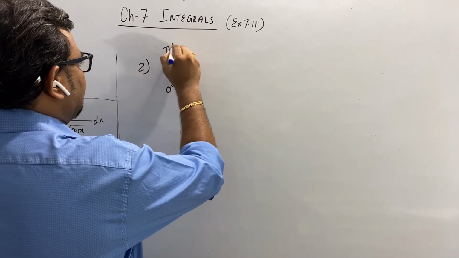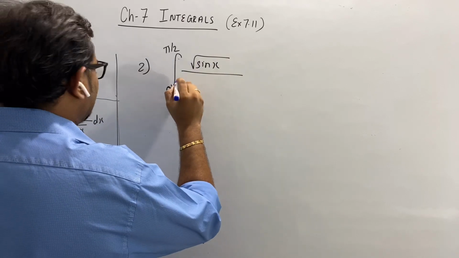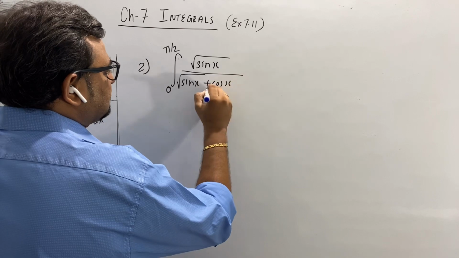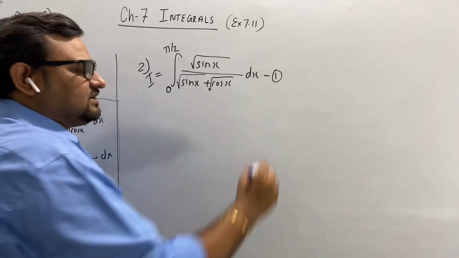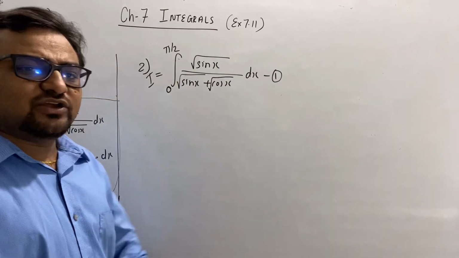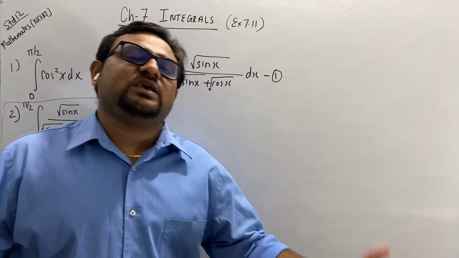Integral from 0 to pi by 2 of square root of sine x upon square root of sine x plus square root of cos x dx. I am taking this as 1. Now we will use the same property, f of x equal to f of a plus b minus x.